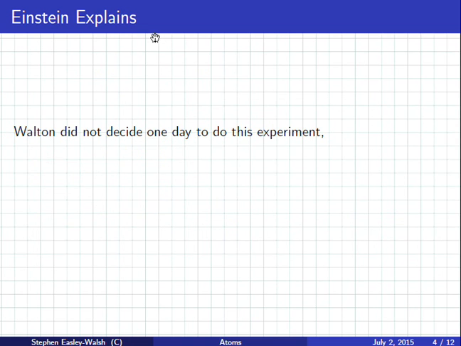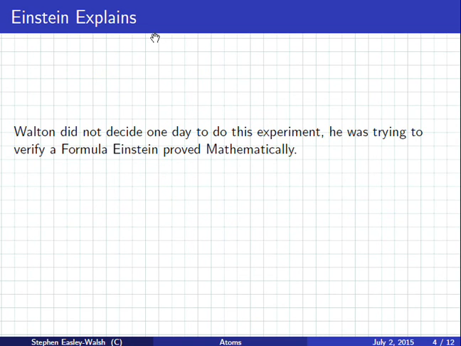Now, they didn't just decide to do this experiment one day. What they were trying to do was to prove a formula that Einstein had. I think Einstein had this formula in 1910. They did this experiment in 1932, something like this.